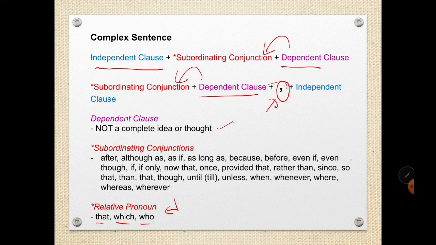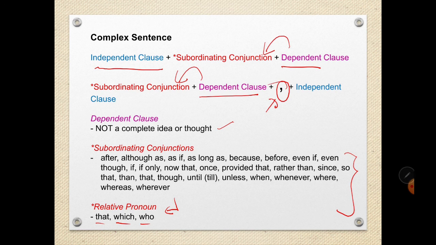I know that it's too much for you to remember all of these, but a shortcut that I can suggest is to not memorize all of these conjunctions.